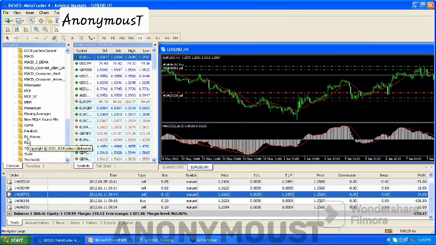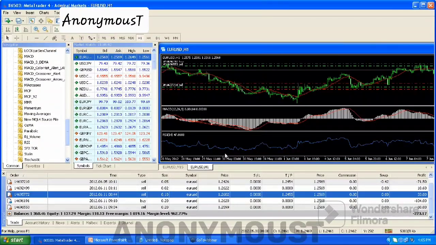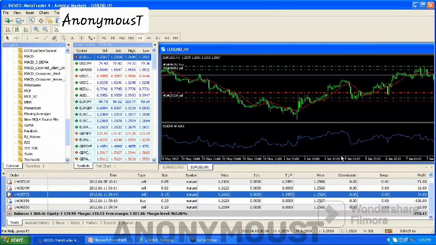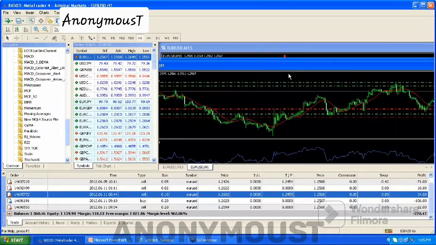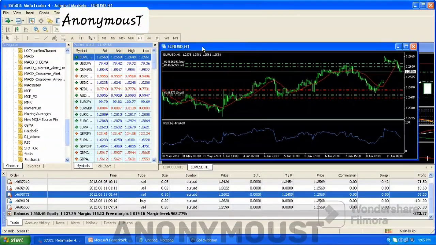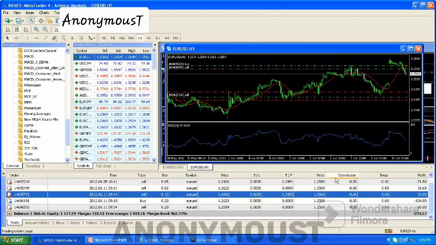Again, RSI is a form of oscillator which is plotted below the chart. If I just pull RSI here, you see a line of RSI. Now I delete the MACD. You see the 100 level and the 0 level.